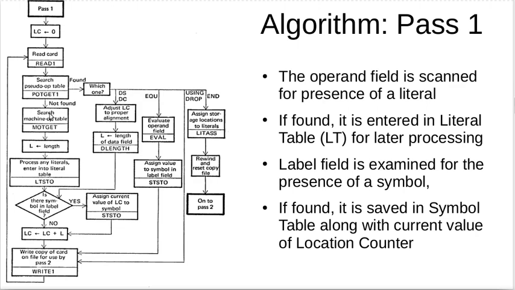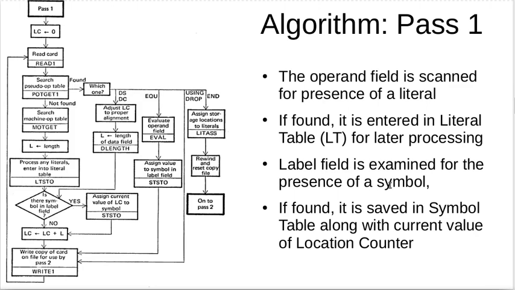So when we search the machine op table and find a match with the current instruction, we first take the length of the instruction in L, and then we process any literal and enter it into the literal table. This step is known as LT store, LTSTO. So if found, it is saved. Now the label field is also examined. After the literal is examined, the label field is also examined for the presence of a symbol.